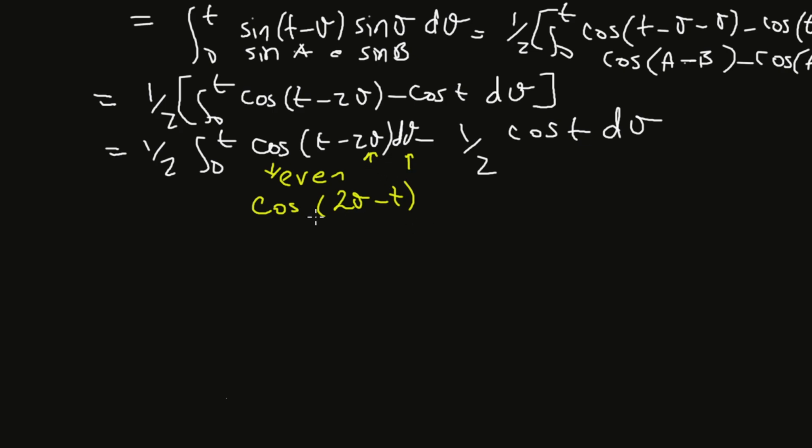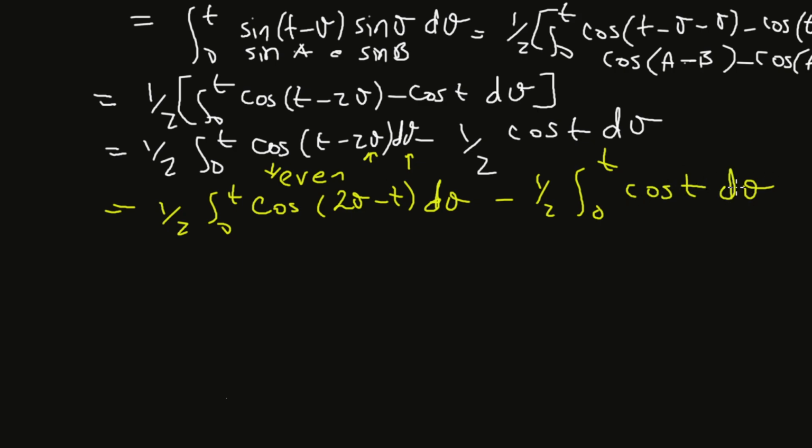Doesn't matter because the cosine is even. So we can do that, make it easier to work with. And yeah, so we can now do this integral, split them. Notice that this is t and this is v, so cosine of t is just like a number, right?